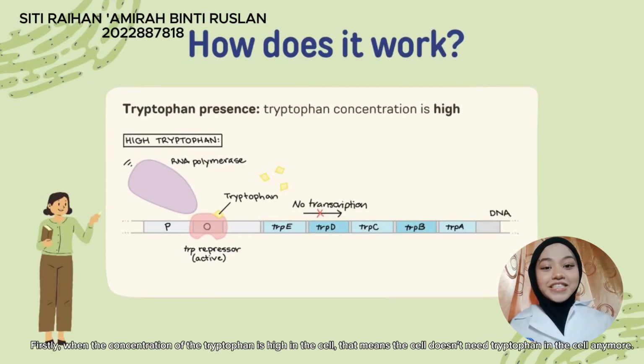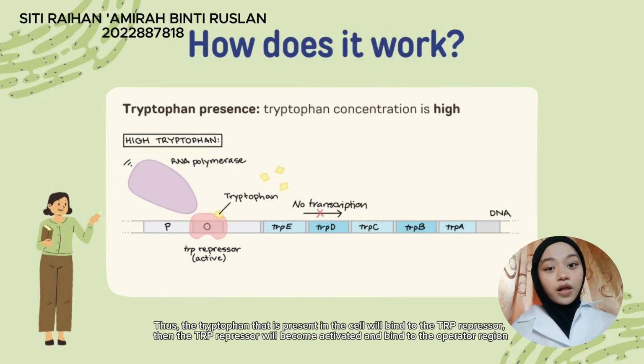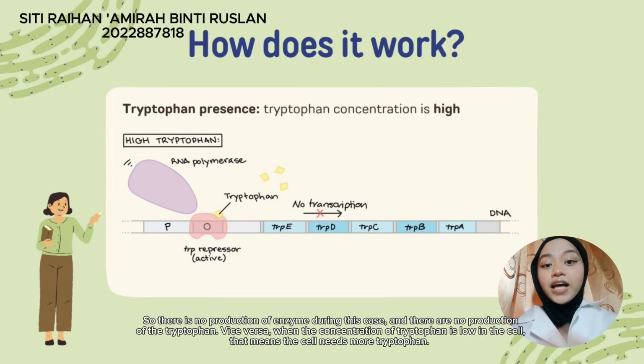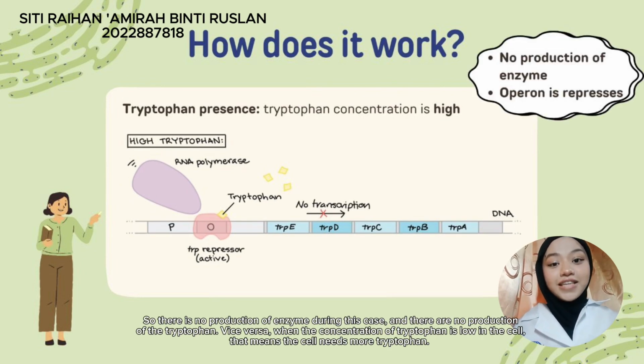Firstly, when the concentration of tryptophan is high in the cell, that means the cell doesn't need more tryptophan anymore. Thus, the tryptophan present in the cell will bind to the TRP repressor. Then the TRP repressor becomes activated and binds to the operator region. Thus, the operator region will be blocked. Then the RNA polymerase cannot continue the transcription of mRNA to synthesize enzymes. So there is no production of enzymes in this case, and no production of tryptophan.